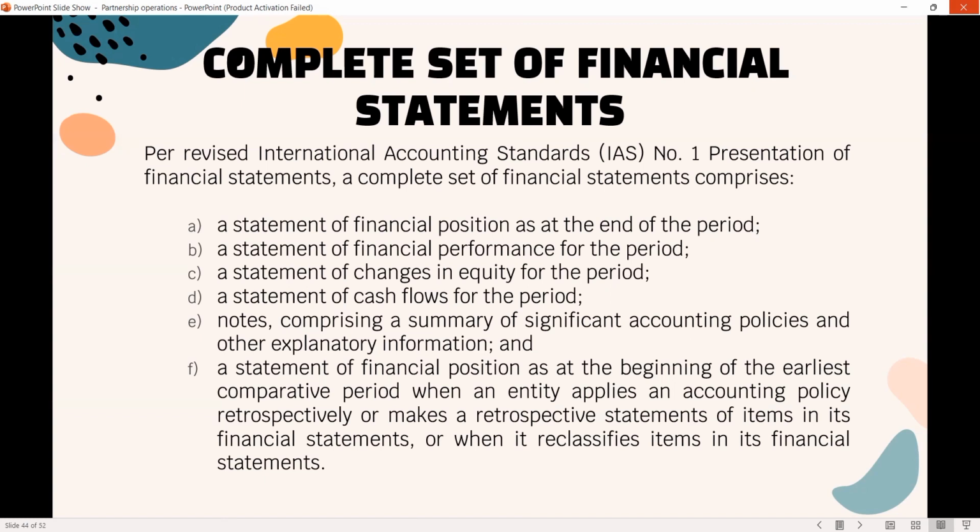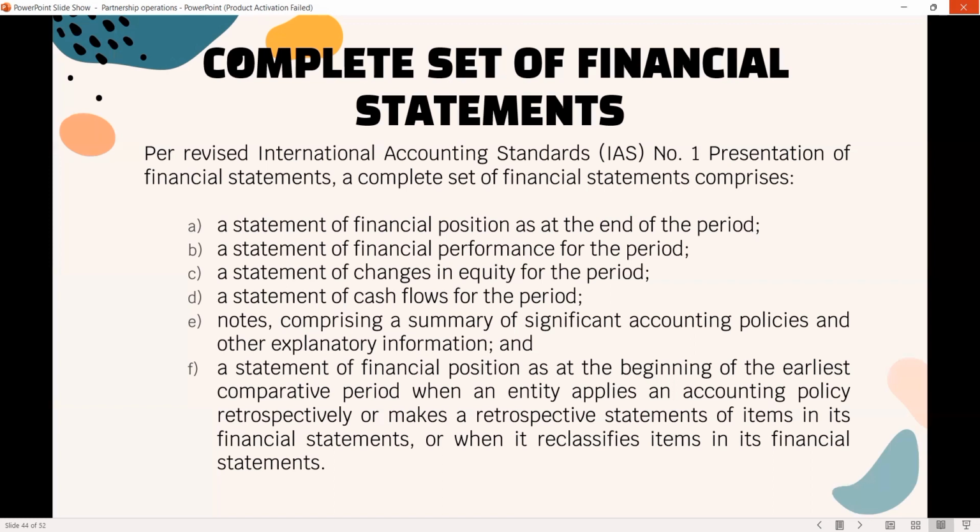Tapos as last is the statement of financial position as at the beginning of the earliest comparative period when an entity applies a retrospective application or makes a retrospective restatement of items in its financial statements or when it reclassifies items in financial statements. So, yung mga yan ay complete sets of financial statement.